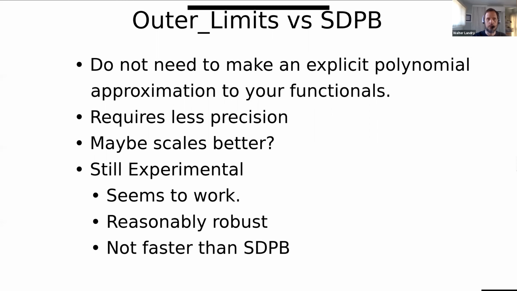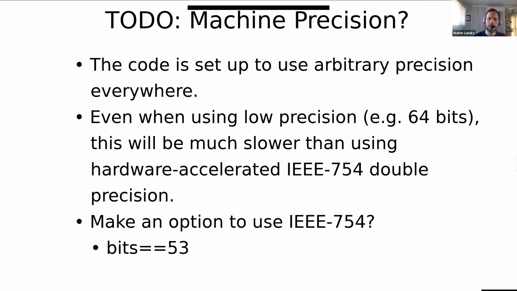One of the things I've been thinking about is maybe I should set up the code to be able to use machine precision, because right now everything's set up to use arbitrary precision, which is terribly slow. Even if you use the lowest precision that I'll let you use, which is 64 bits, this is still going to be a whole lot slower than using hardware accelerated double precision.